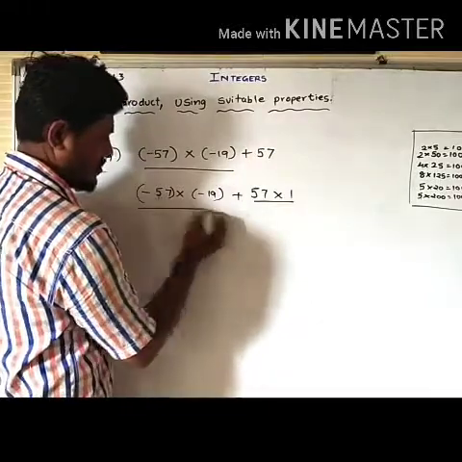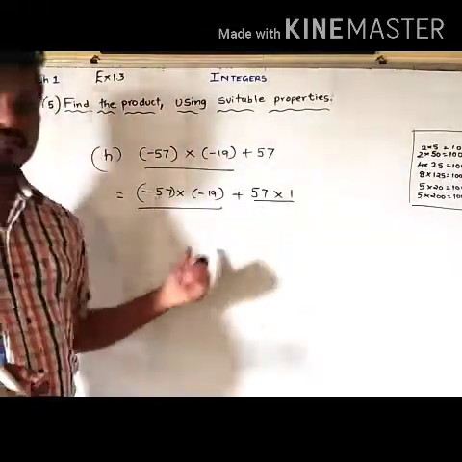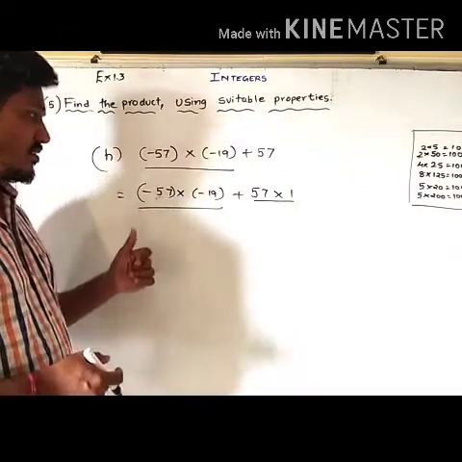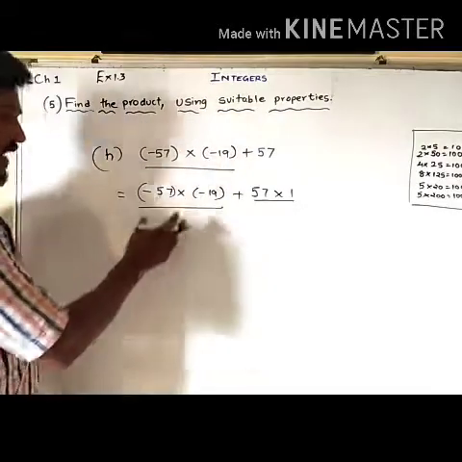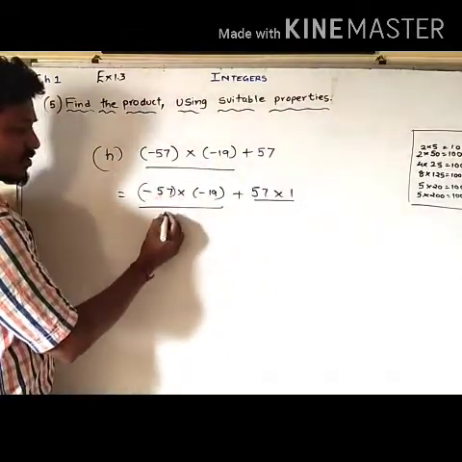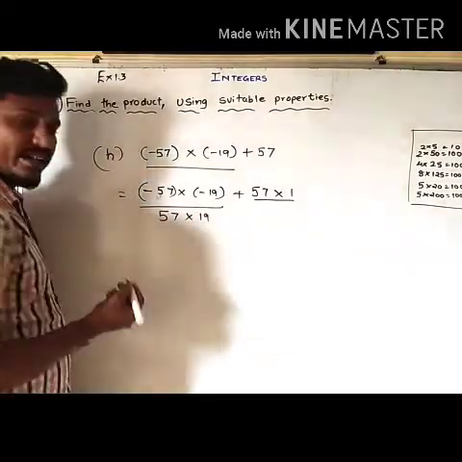Now here I got two pairs. Now you can take 57 as common. But either this should be negative or this should be positive. What will I do? Negative into negative, I will try to make it positive 57. So this negative will become positive. Why?